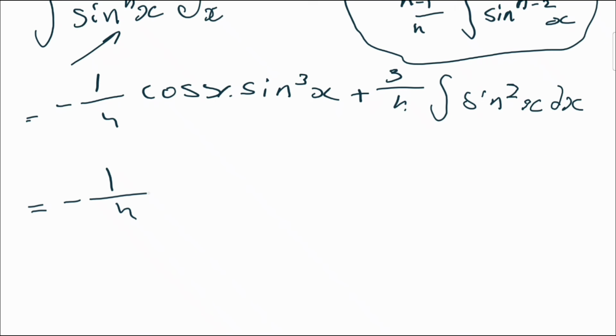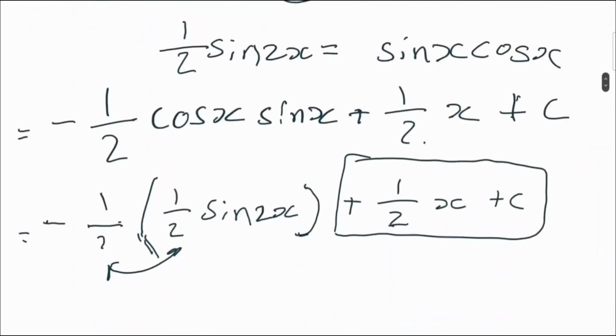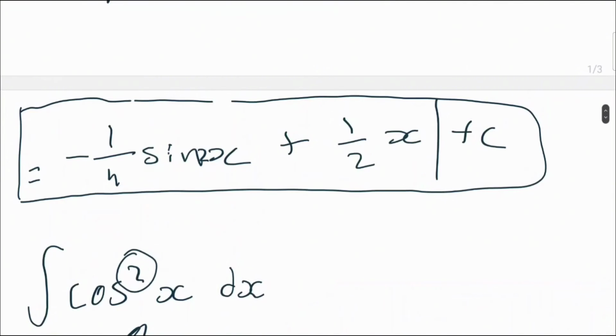So first we'll start off by doing this part, because I just like to do the integral parts first to get all the integrals out. So let's do this. Cosine x sine cubed of x plus 3 over 4. Now we have to put in the integral of sine squared of x dx. Sine squared of x dx is up here, and the answer is here. Negative 1 over 4 sine 2x plus 1 over 2x.